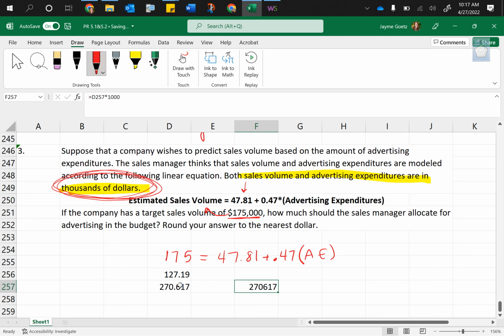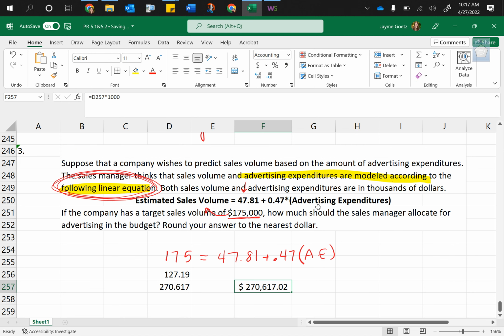Either is okay with me. And this is in dollars. And we want nearest dollar, so I'm going to move that bad boy over. So he should allocate approximately $270,617.